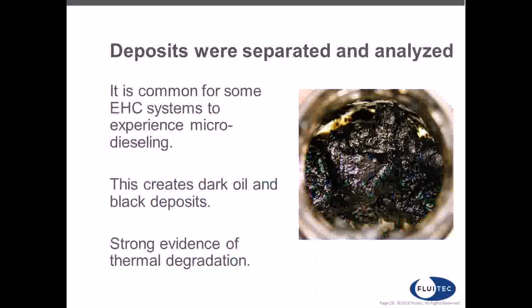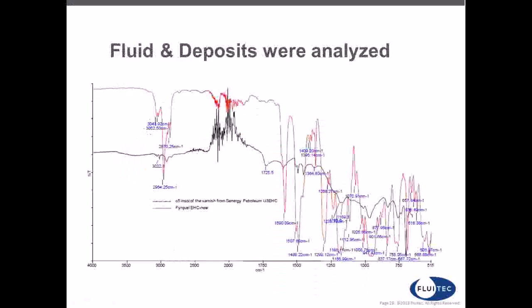However, we did some further analysis, and in fact, we did see strong evidence of carbonaceous black bodies in the fluid. One interesting thing you can note here is that the red line is the spectra of the new phosphate ester fluid.